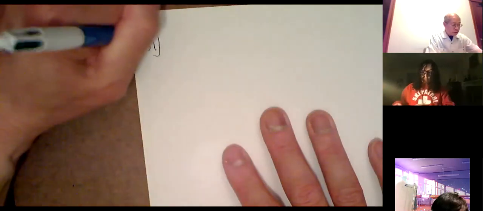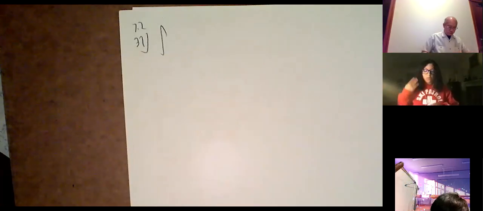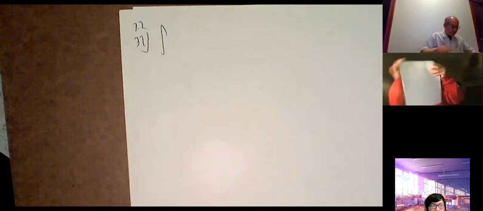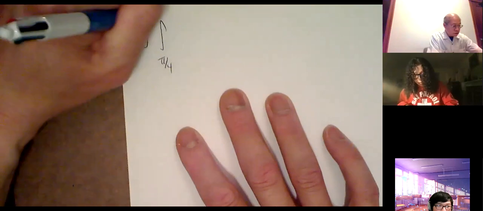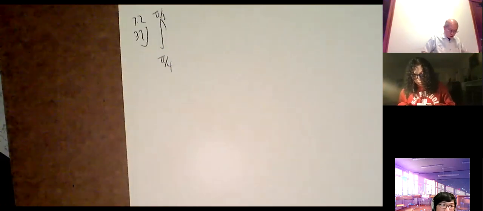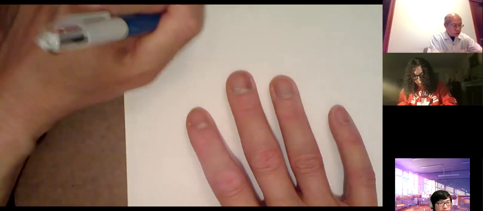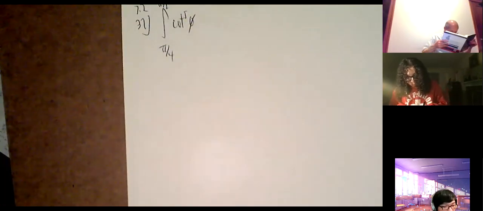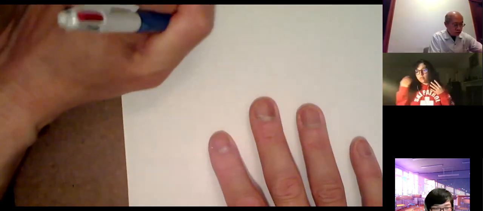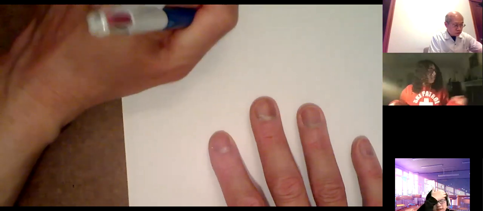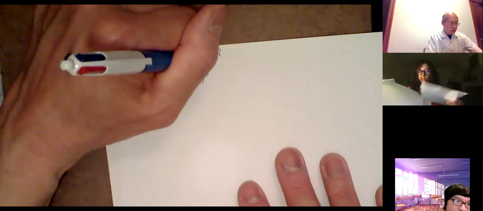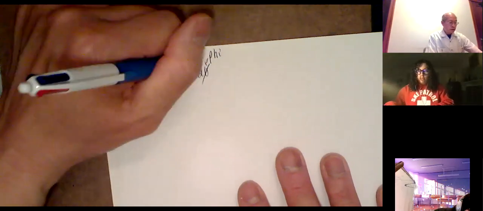Thirty-seven from 7.2. Pi over 4 to pi over 2, cotangent to the 5th of phi, cosecant cubed of phi d phi. This is phi, Greek letter.